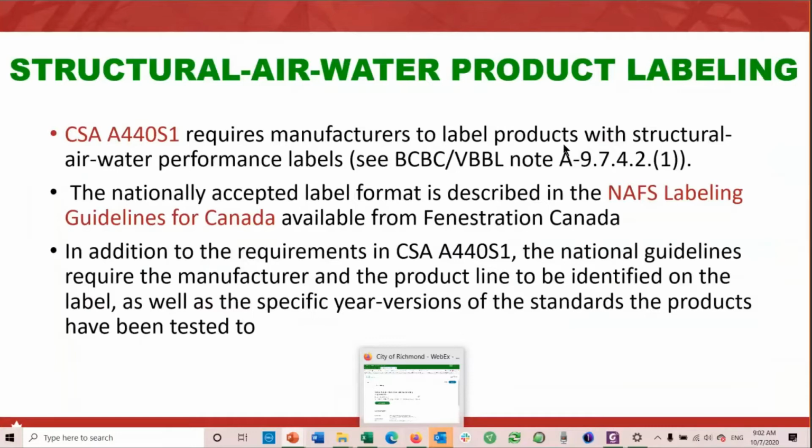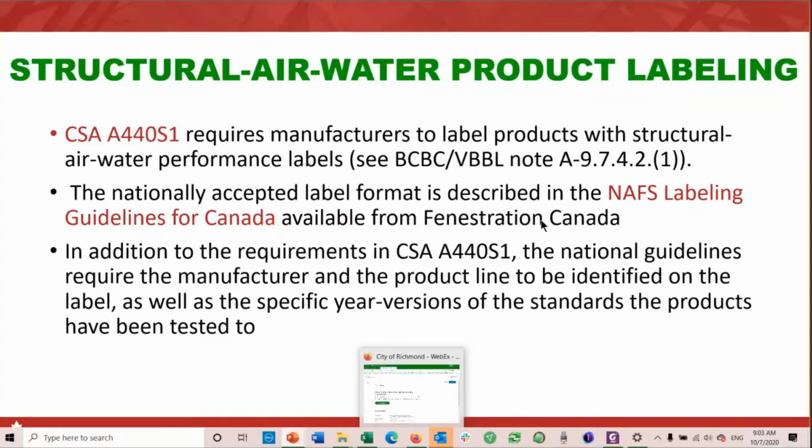So when it comes to product labeling, the standard that governs the high-level requirements is CSA A440 S1. It requires manufacturers to label products with these structural air-water performance levels. The nationally accepted label format, what in more detail should be contained on the label and acceptable labeling formats, are described in the NAF's labeling guidelines for Canada, which are available from Fenestration Canada.